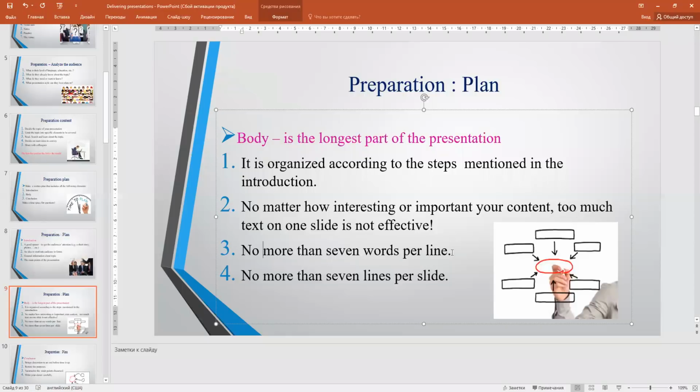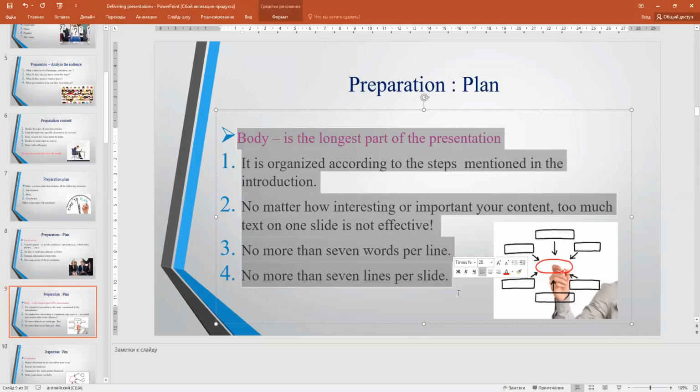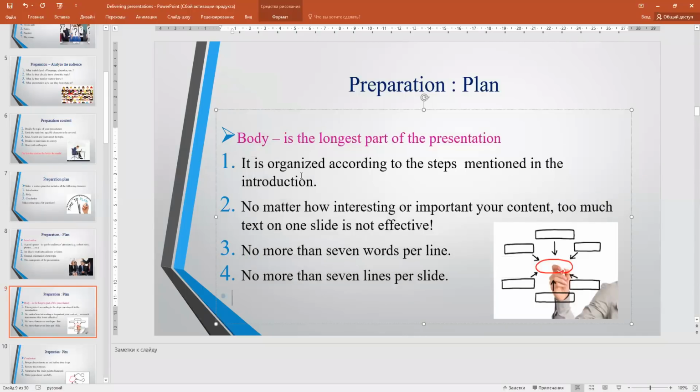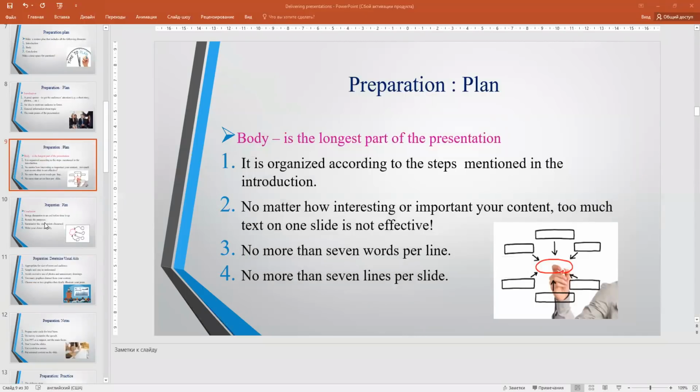It is normal if you write no more than 7 words per line on your presentation. And also, make sure you use no more than 7 lines per slide. And as you can see here, I used 7 lines here for my presentation.